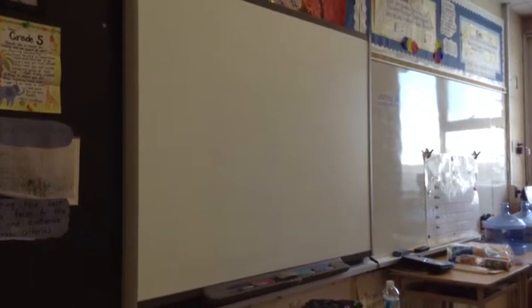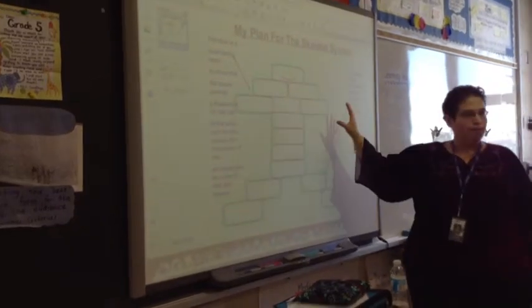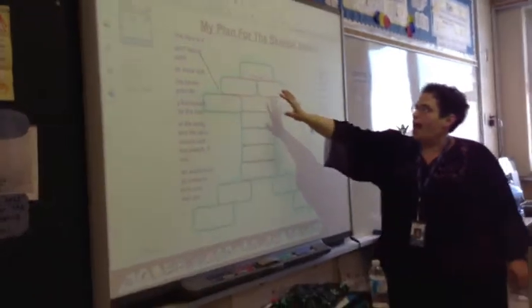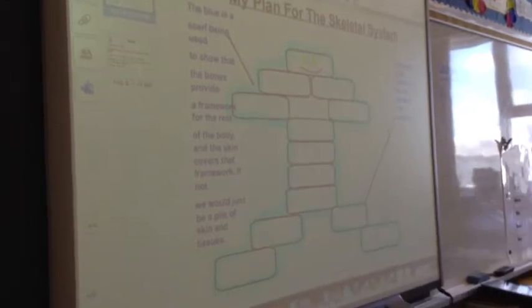Okay. So I decided to pick the skeletal system. And I made this plan for the skeletal system. In my plan, these are the large Lego blocks that I have. And the large Lego blocks are like the bones in the skeleton.